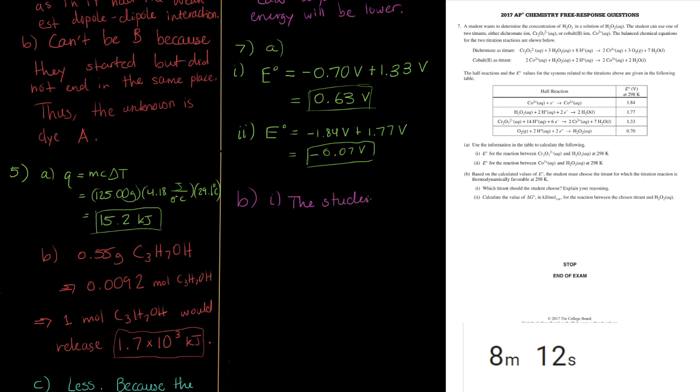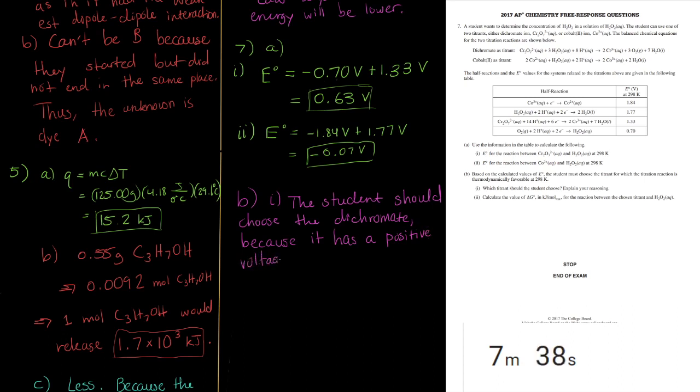The student should choose the dichromate because it has a positive voltage, which makes it thermodynamically favorable. Such a long word, favorable.